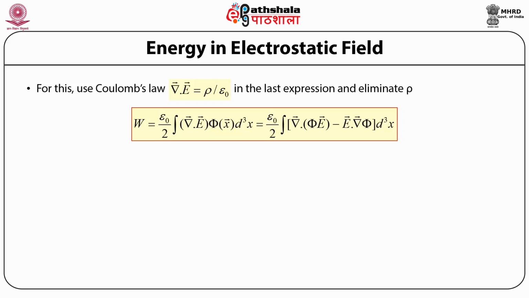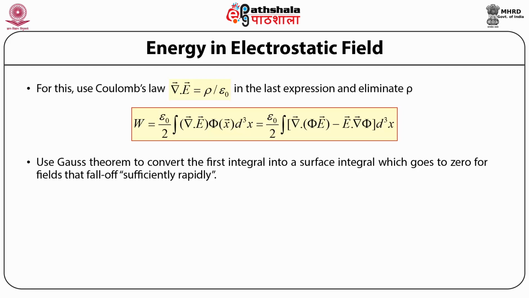Now here we can use the Gauss's theorem to convert the first integral into a surface integral, because we know that using the Gauss's theorem, if we have the divergence of a vector quantity in a volume integral, then it can be converted into a surface integral. So doing that, we get a surface integral which goes to 0 for fields that fall off sufficiently rapidly.